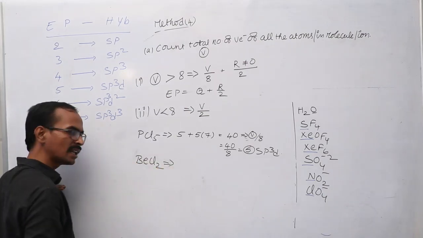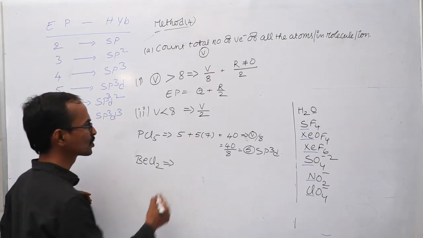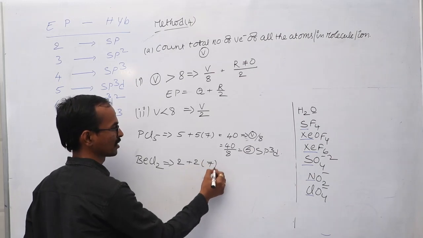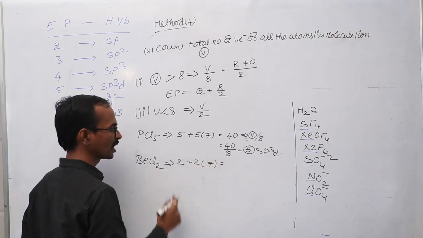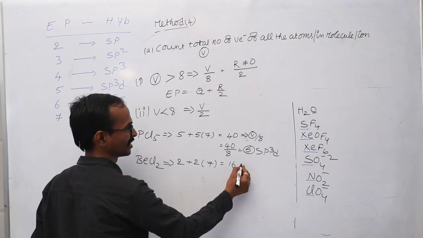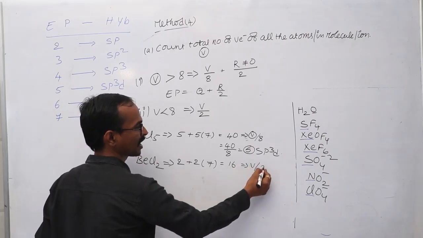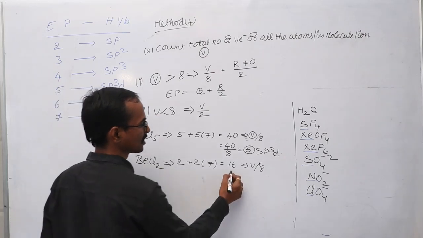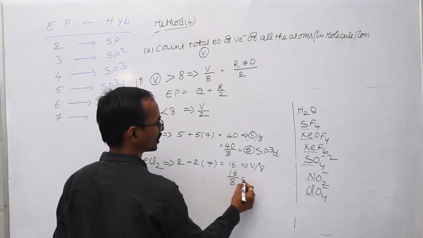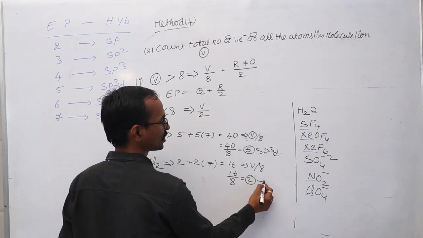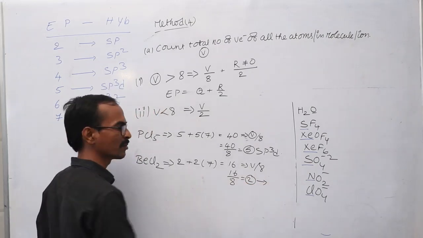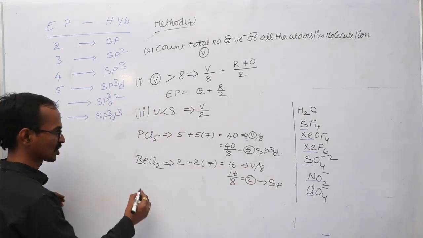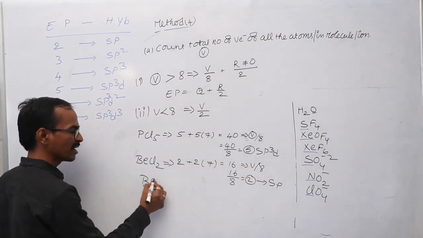Next, let me take another example, BeCl2. We know that beryllium belongs to which group? 2A group. So 2 valency electrons plus 2 into 7, 2 7s are 14, plus 2, 16. So the V value is greater than 8. So divide it with 8. 16 by 8, 2. So the remainder is 0. So its hybridization will be sp hybridization. Next, another example, BF3 molecule.